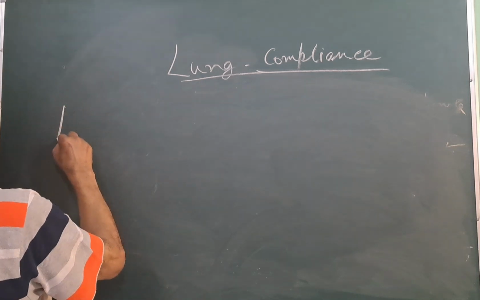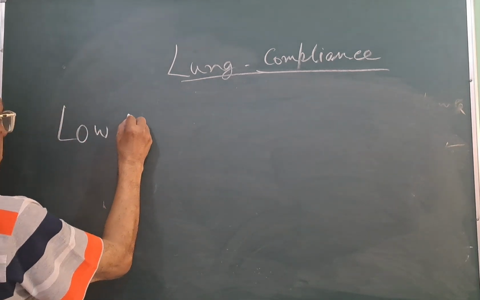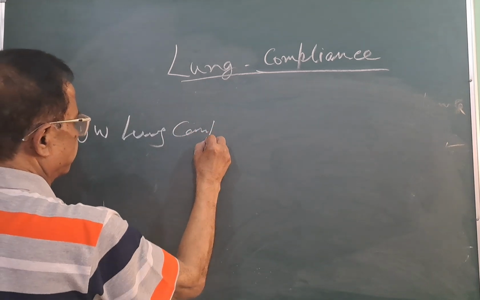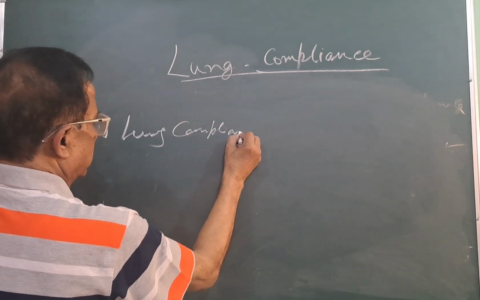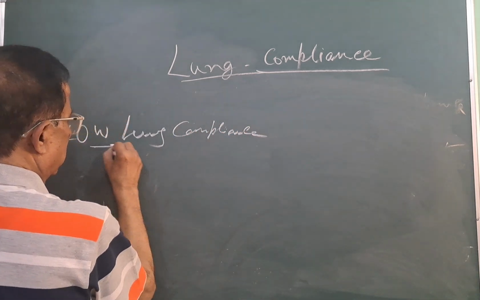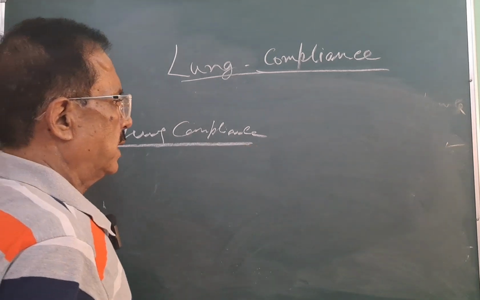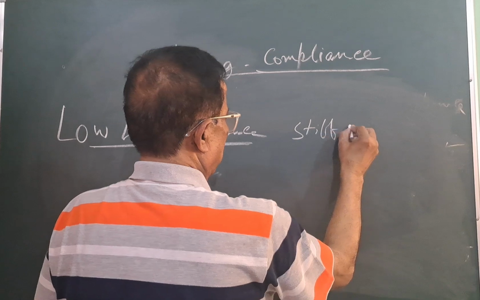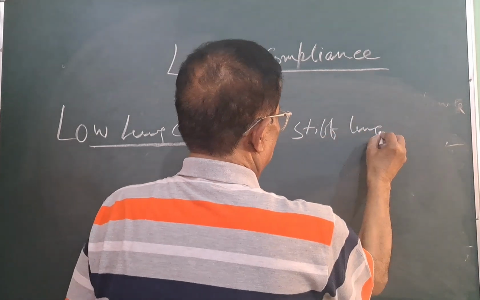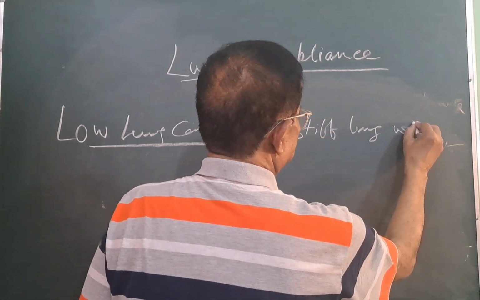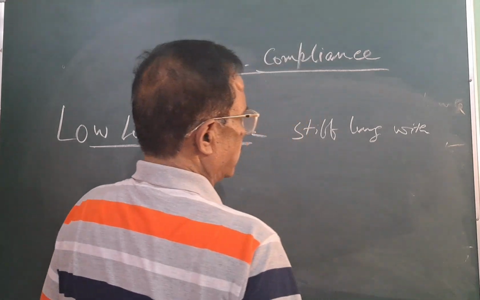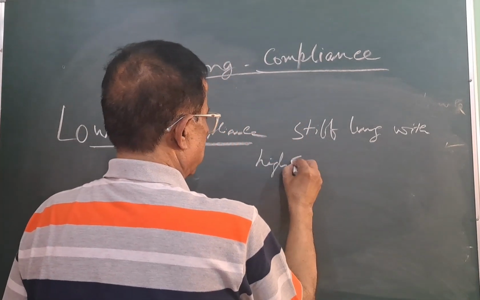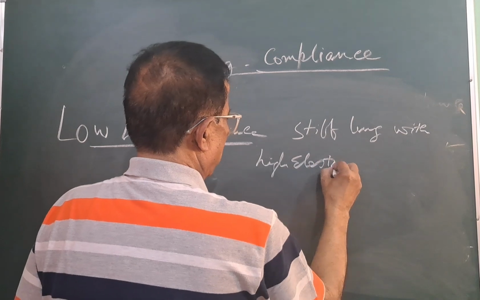And what is the meaning of low lung compliance? Low lung compliance is due to a stiff lung with high elastic property, high elastic recoil.